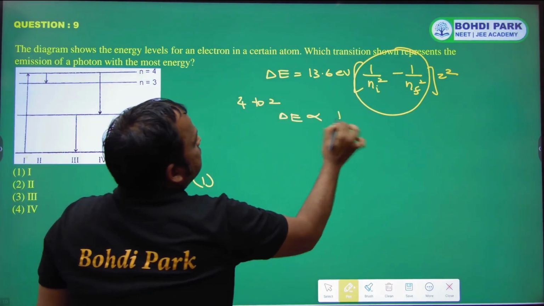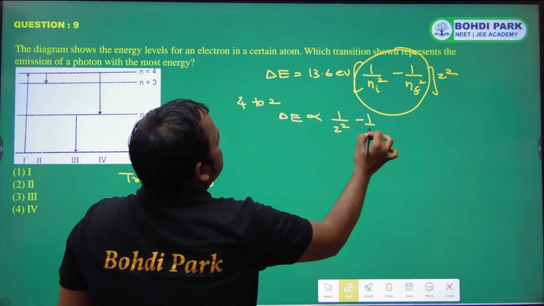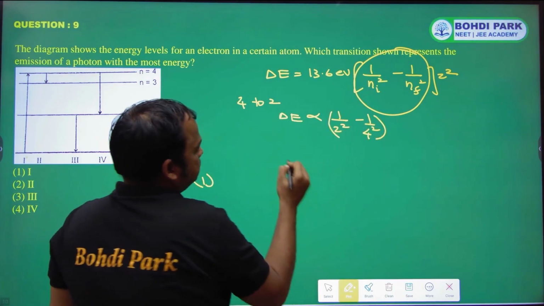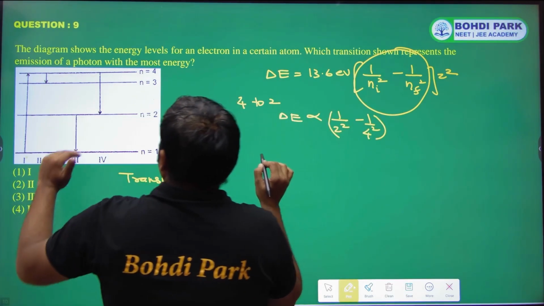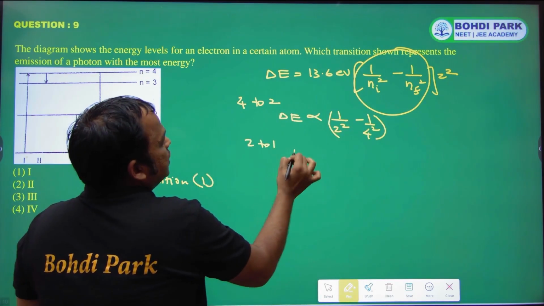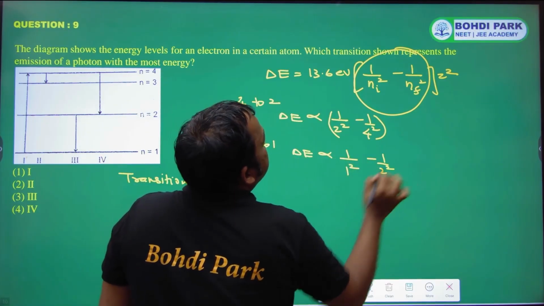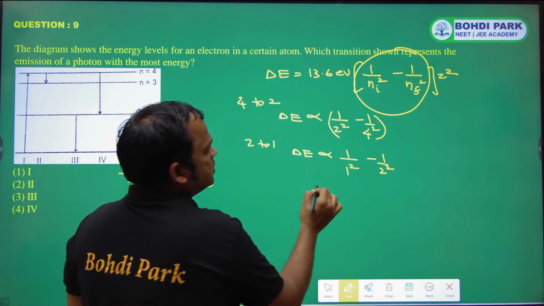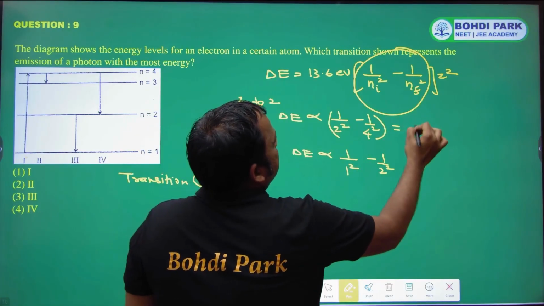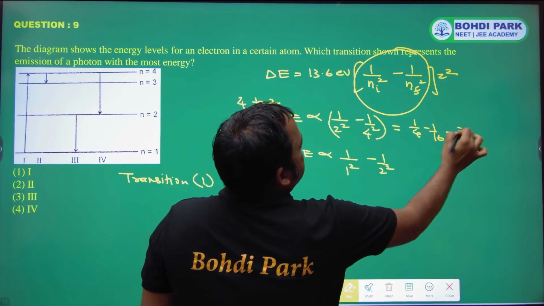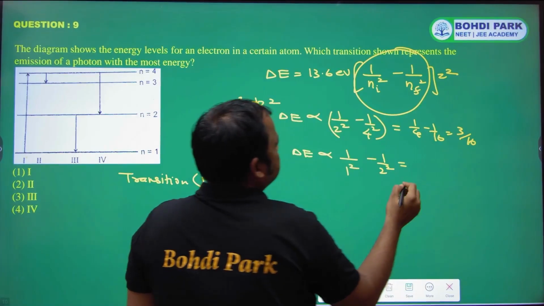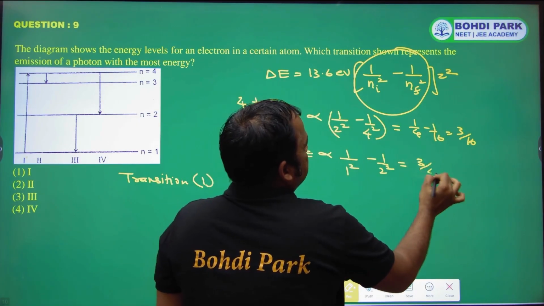delta E is proportional to 1 by 2 square minus 1 by 4 square. And for 2 to 1, delta E is proportional to 1 by 1 square minus 1 by 2 square. So this is 1 by 4 minus 1 by 16, so this is 3 by 16, and this is 1 minus 1 by 4, so 3 by 4.